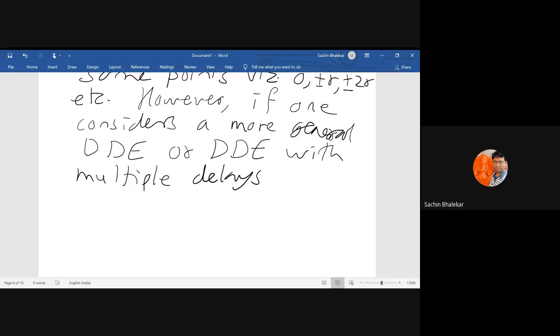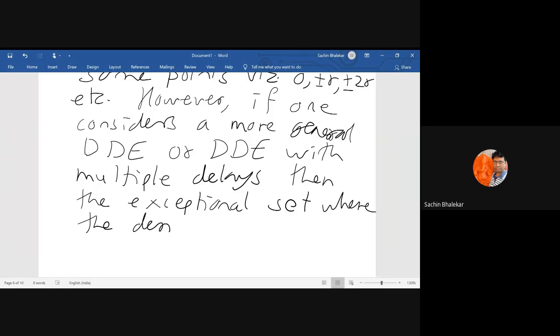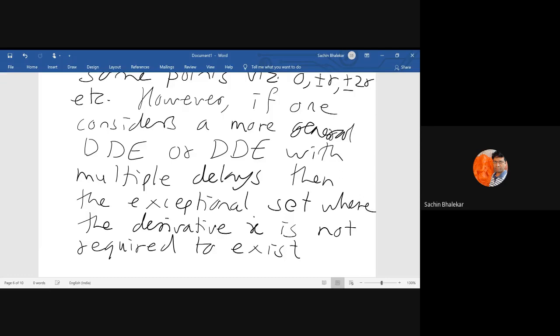In such complicated cases, the exceptional set, where the derivative x dot is not required to exist, becomes impossible to describe.